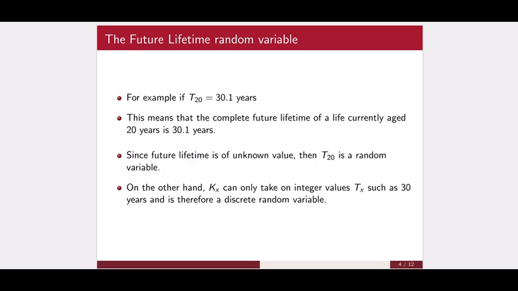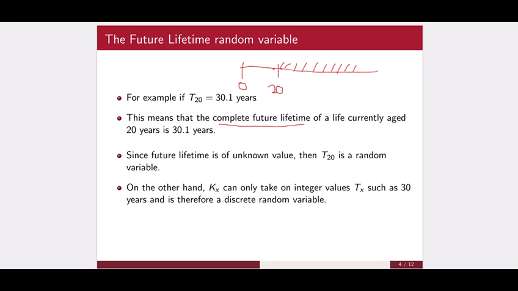For example, if T20 is equal to 30.1 years, say, it means that right now this life has lived for 20 years and is now aged 20 from time 0. From the current age of 20 up to some point in the future, we would say it is 30.1 years. It means that the complete future lifetime of this life whose current age is 20 is 30.1.